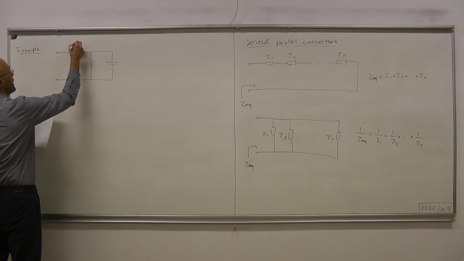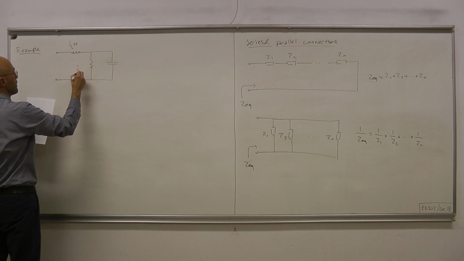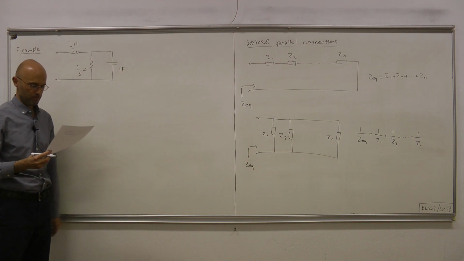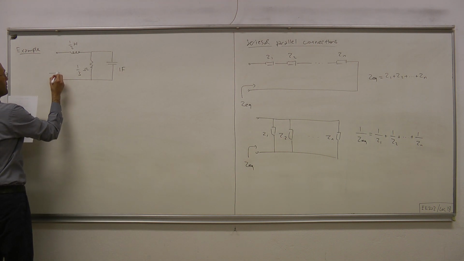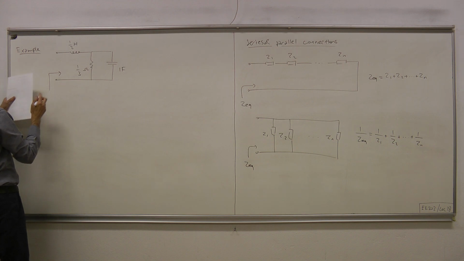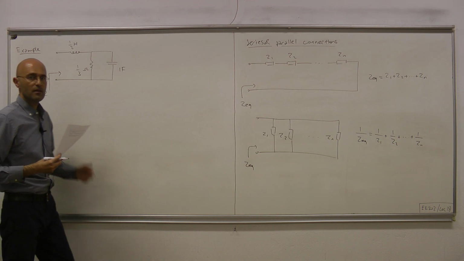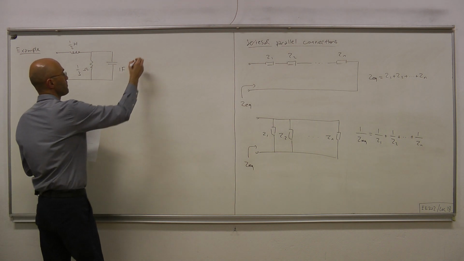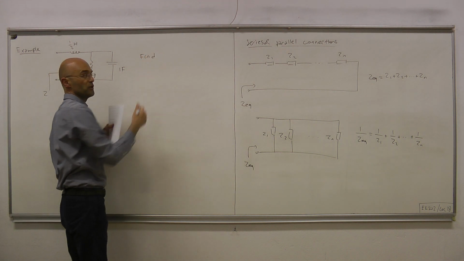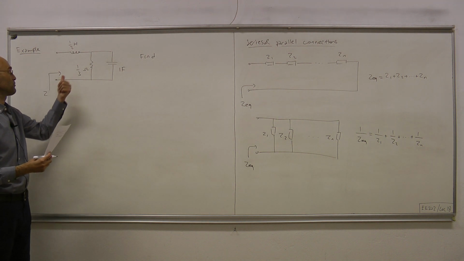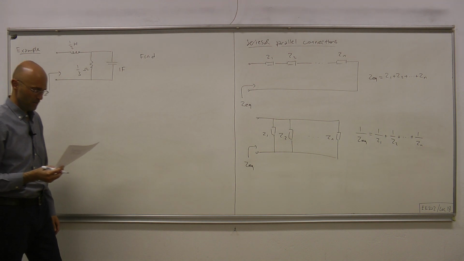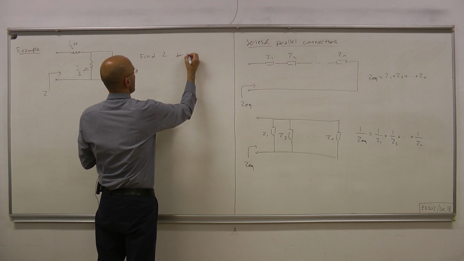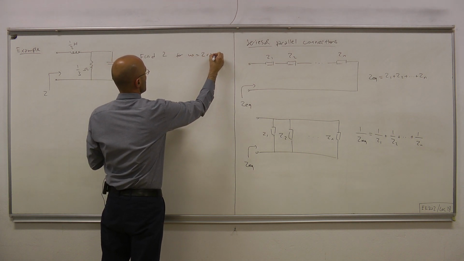Here we have an LTI inductor, a resistor, and a 1 farad capacitor. This is part of a circuit that's in sinusoidal steady state, and the frequency of operation for that circuit is 2 radians per second. So what we're asked is to find Z for omega equals 2 radians per second.